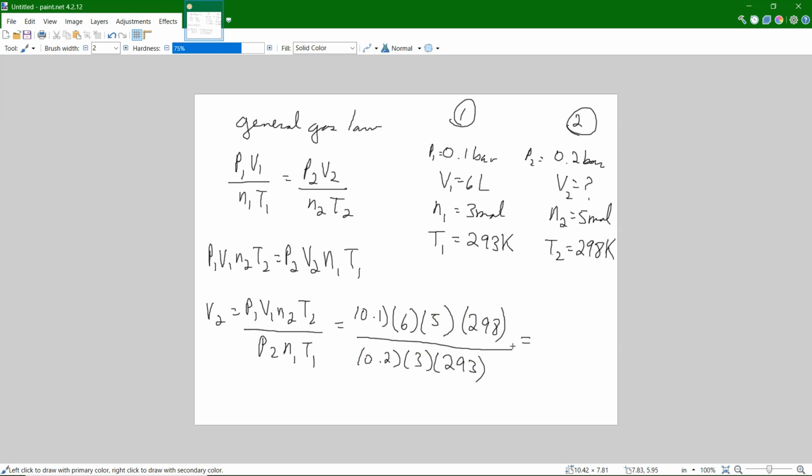Okay, so 0.1, start again. 0.1 times 6 times 5 times 298 divided by 0.2 times 3 times 293, and I get 5.09 liters. Okay, so that is an example of what's called the general gas law.